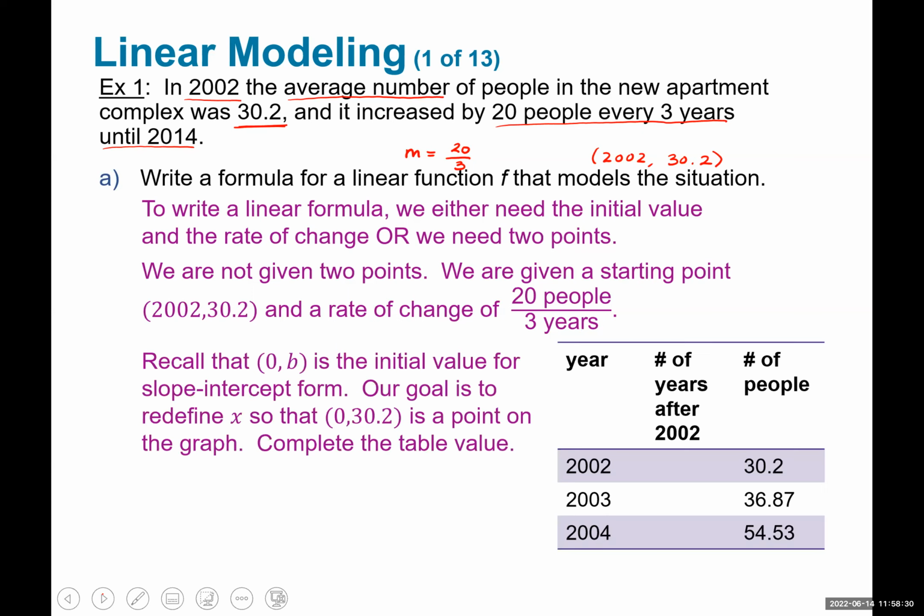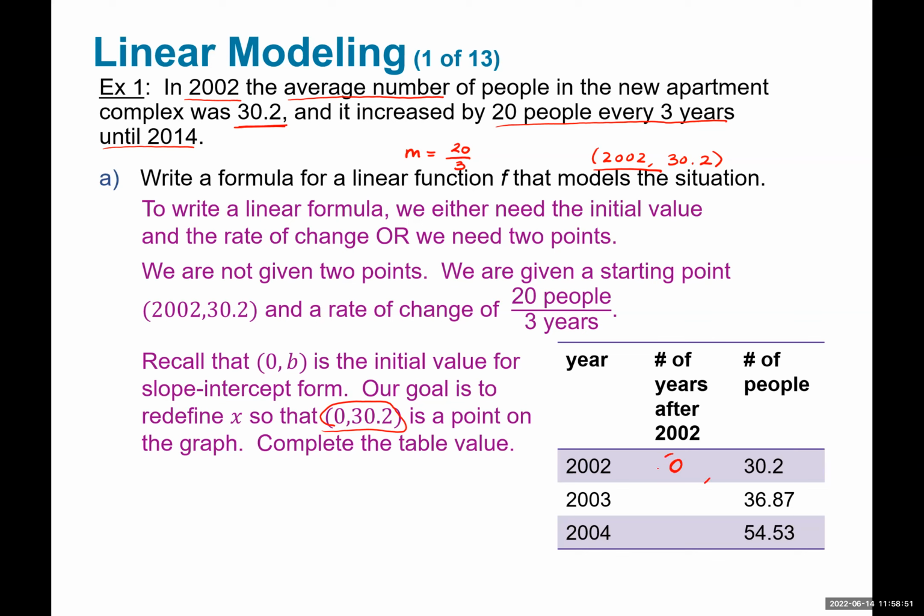So we can actually go backwards and find our y-intercept. But we can kind of redefine x so that we're looking at that initial year. Instead of calling it 2002, we can say that that is our 0 year. Like that is our initial value.